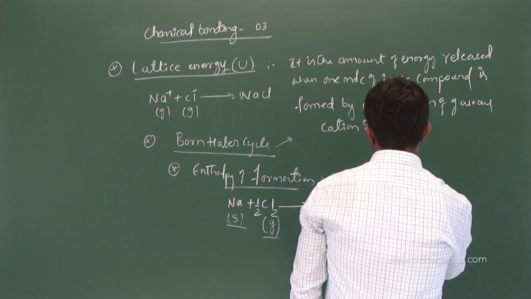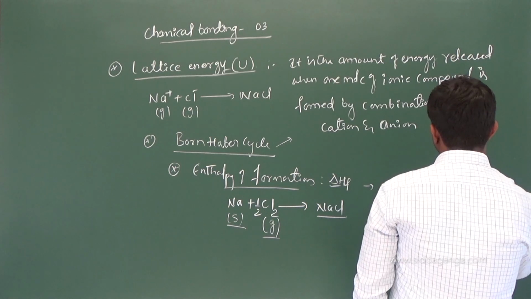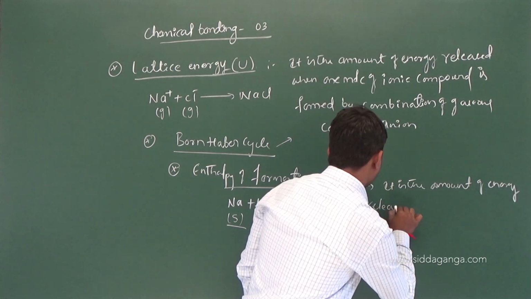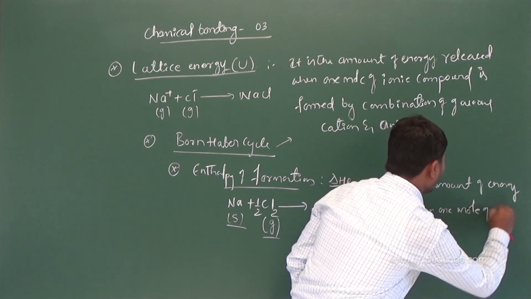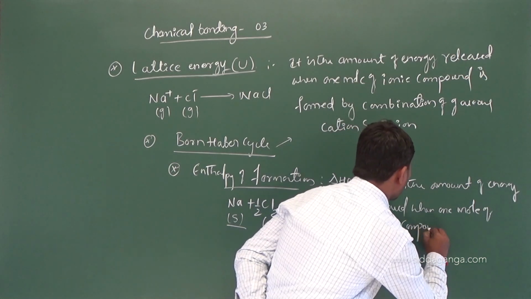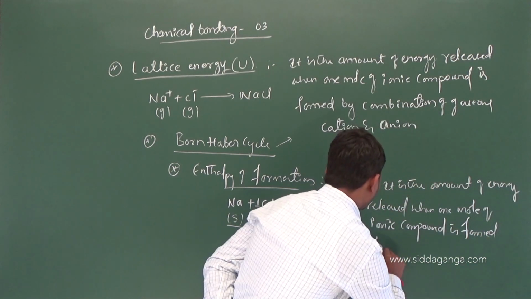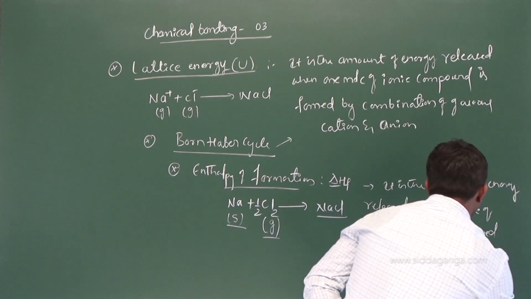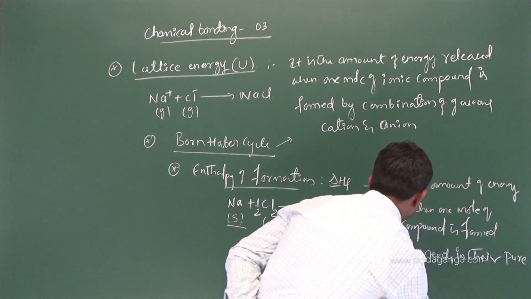That is, it is the amount of energy released when 1 mole of ionic compound is formed from elements in their pure and stable state.